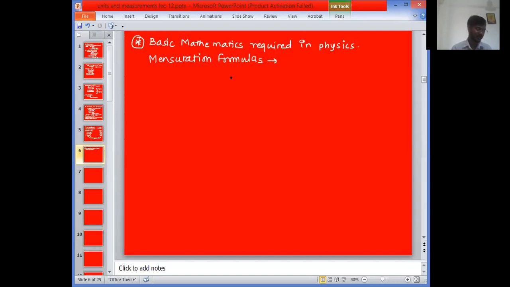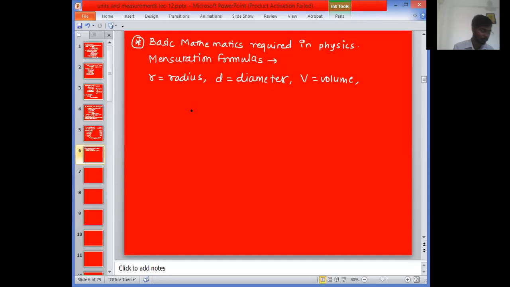Absolutely no problem. R is the radius. D, we are going to use the letter D for diameter. Capital V we are going to use for volume.